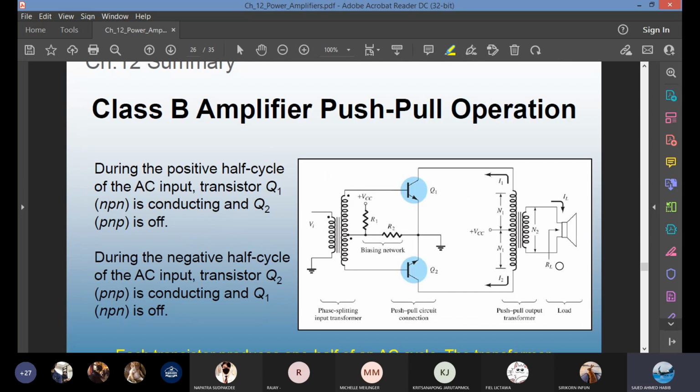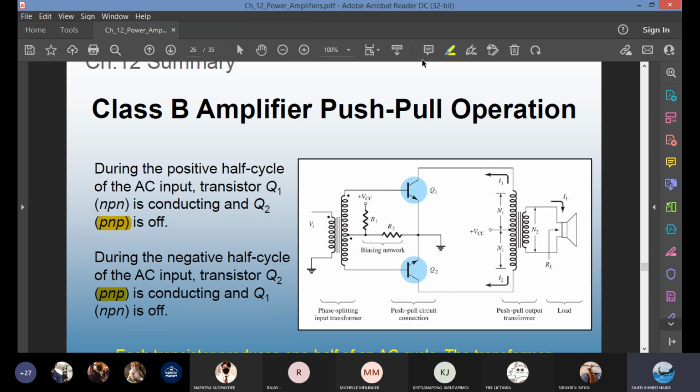This one describes the operation. Here is where we have the mistake. Where is the mistake? This is the mistake I'm highlighting. Q2 is also NPN.